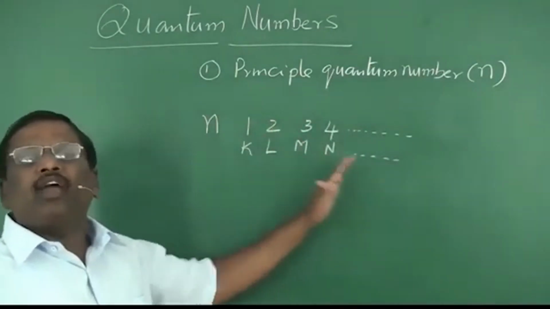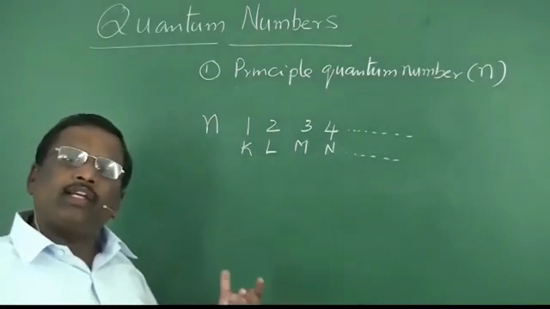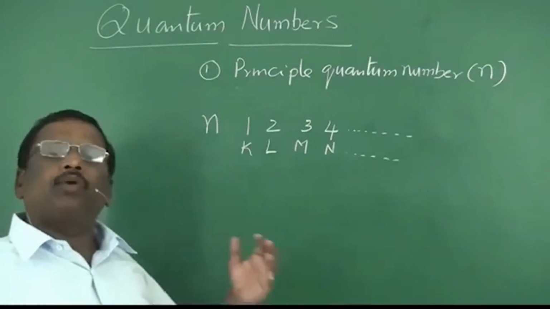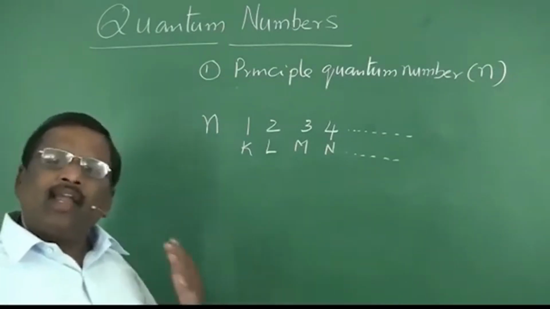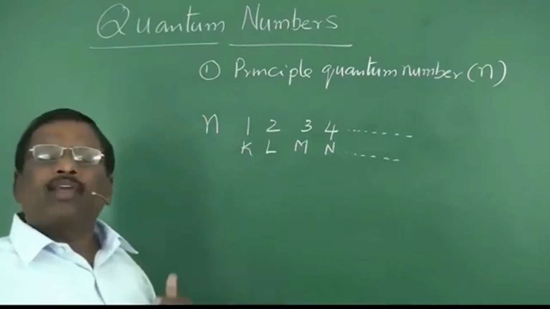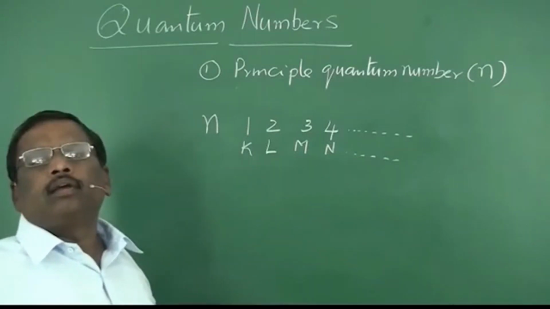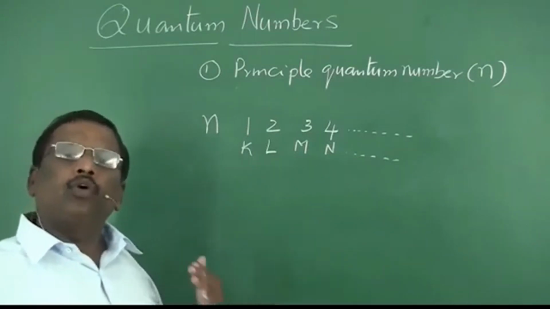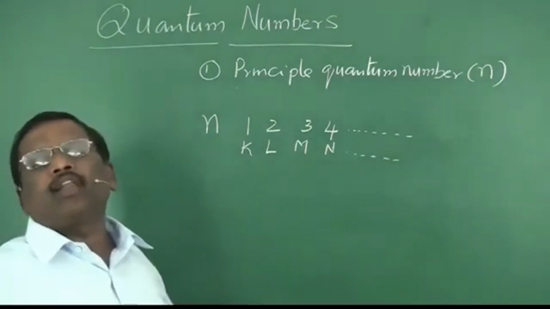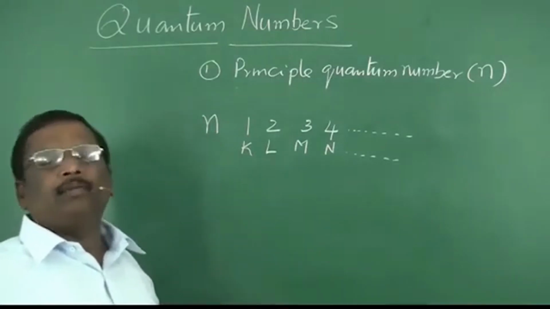With the help of this n value, we can calculate the energy of an electron in an atom, and also the radius of the orbit. And if you know the n value, we can estimate the maximum number of electrons that can be accommodated in a given main energy level.